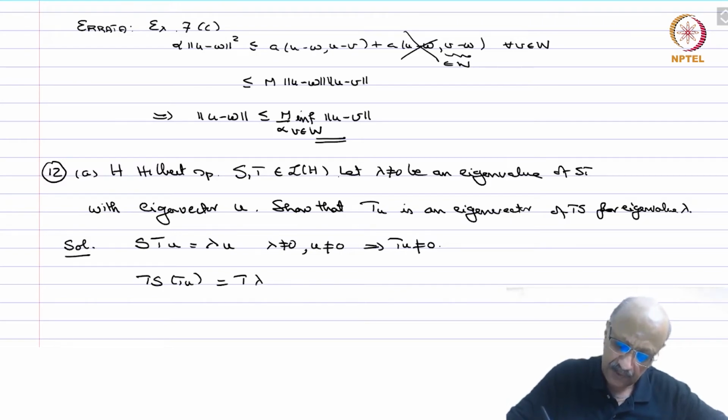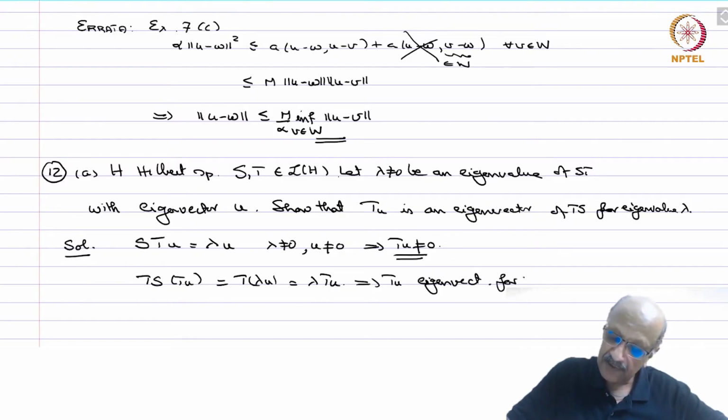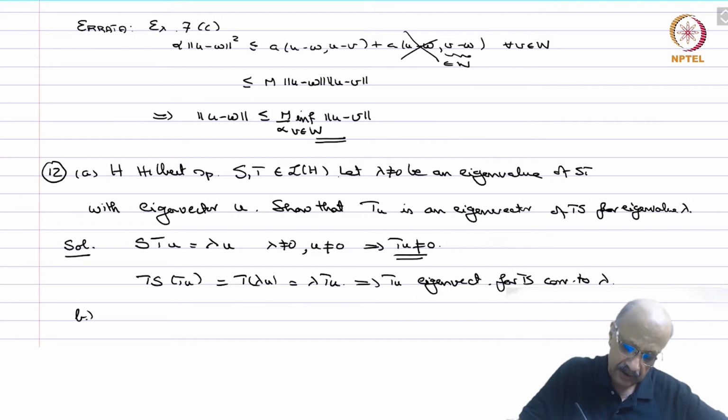ST of u is lambda u, so it is lambda Tu, and Tu is not 0, and therefore Tu is an eigenvector for TS corresponding to lambda. Okay, so that is a very trivial statement.